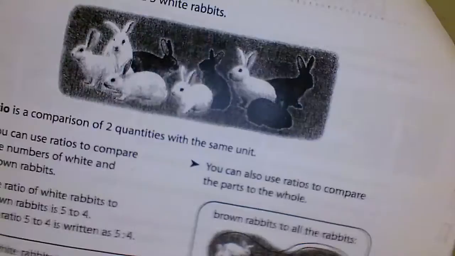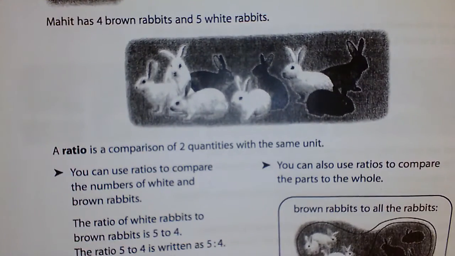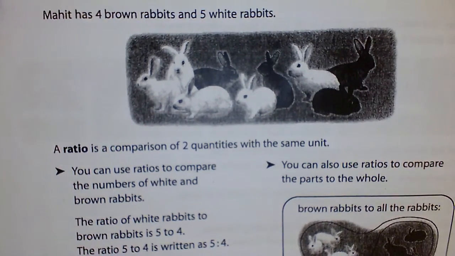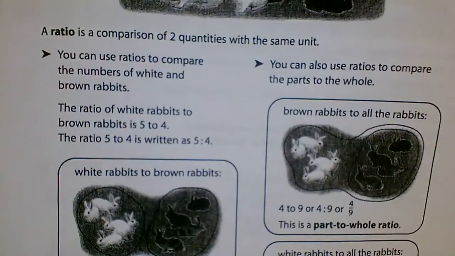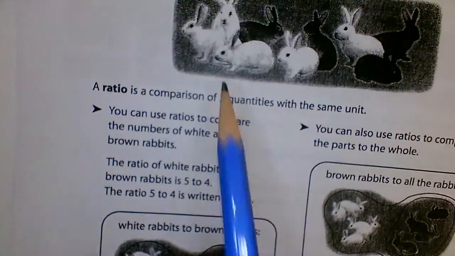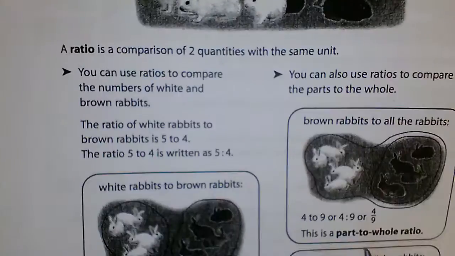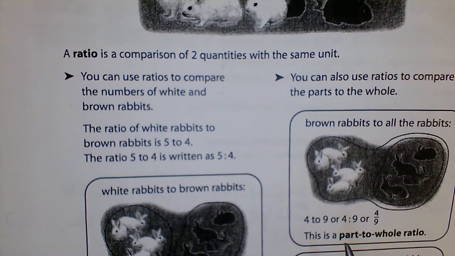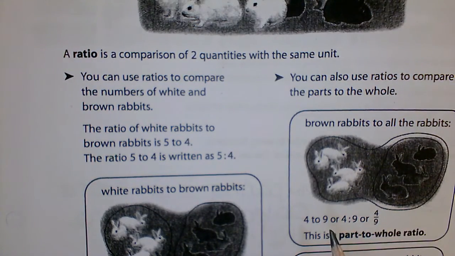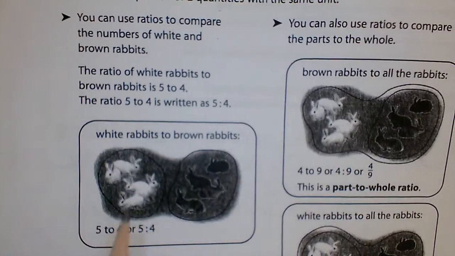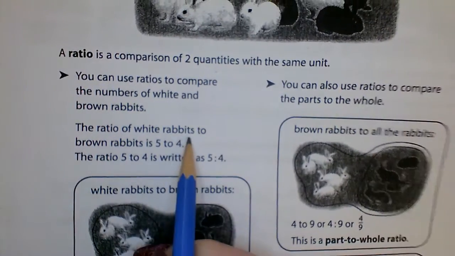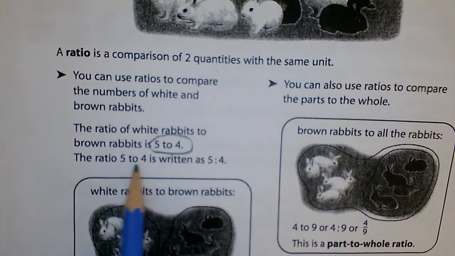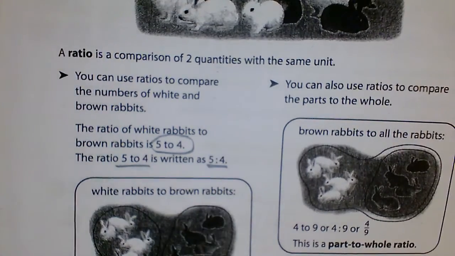Okay, so they're going to give you a little summary here. They've got these brown rabbits to white rabbits. Okay, so a ratio is comparing two quantities with the same units, just as we stated. You can use ratios to compare the number of white rabbits to brown rabbits. So if I have 5 to 4, there are those ratios right there.